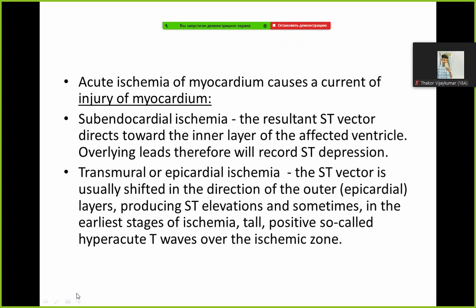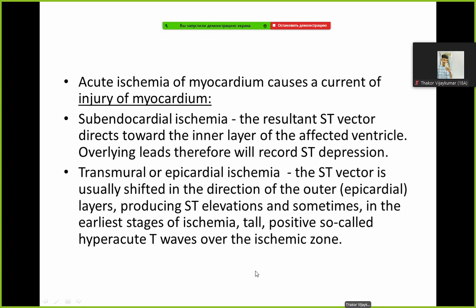Acute ischemia of myocardium causes a current of injury, of ischemic injury of myocardium. Subendocardial ischemia, the resultant ST vector directs toward the inner layer of the affected ventricle, and overlaying leads therefore will record ST depression.